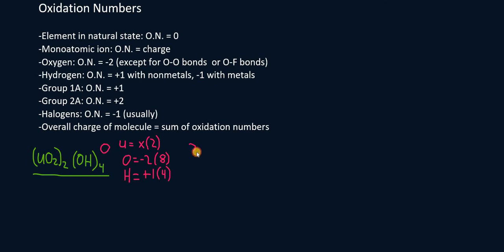So we have 2x for the uranium, minus 2 times 8, minus 16 for the oxygens, and +1 times 4 is just +4 for the hydrogens. We'll set this equal to 0.